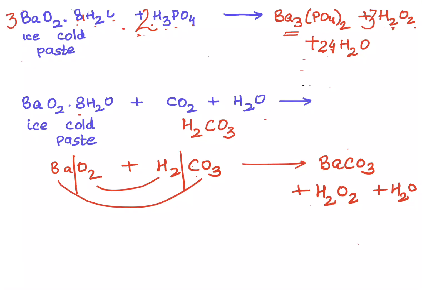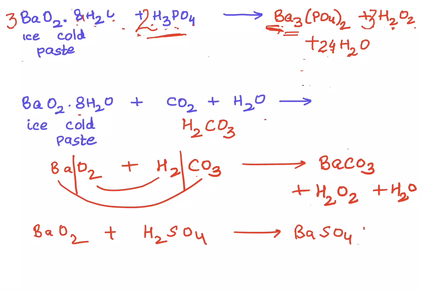Good. So if you notice over here, we are getting the barium salt of the compound. If I was using a dilute acid, the barium salt which is formed doesn't separate out completely. So let's suppose I was doing barium peroxide with sulfuric acid, H2SO4. Then in that case, we would have gotten barium sulfate plus hydrogen peroxide.